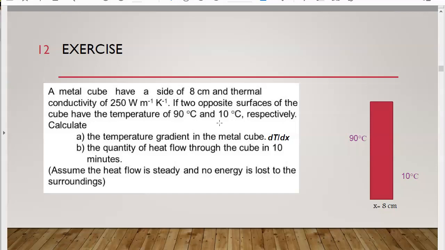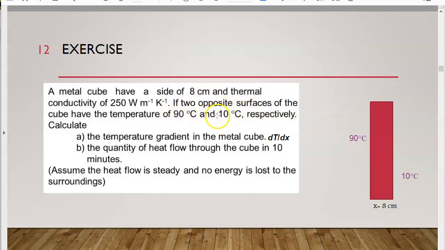Okay, this is an exercise for you. No need to submit. Here we have a metal, the length is 8 cm, the temperatures are 90 and 10, and the thermal conductivity K is equal to 200 watts per meter Kelvin. Just use this number, you don't need to change it.